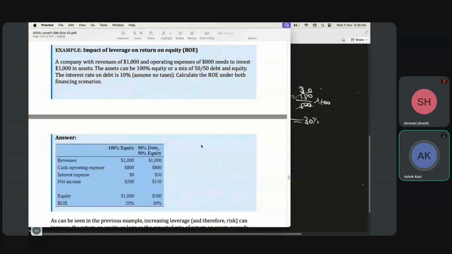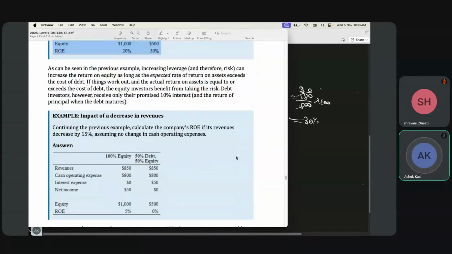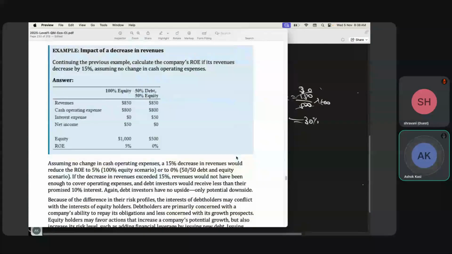Okay. Then the impact of a decrease in revenue. When it is leveraged, leverage is a double-edged sword.